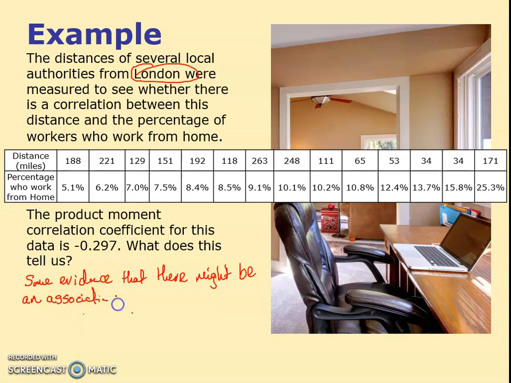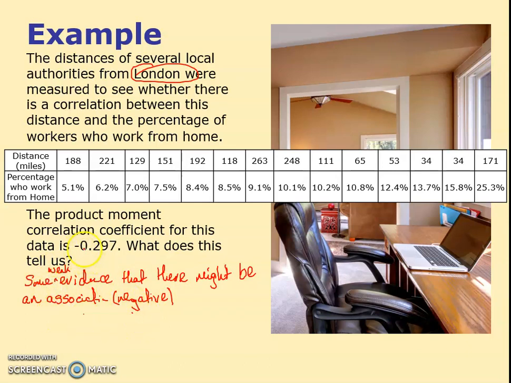There is an association, but I should also say it's a negative association between the distance that you live from London and your chances of working from home. I.e., if you live a long way from London, it's smaller. Actually, I should probably say there is some weak evidence, because it is only a small number.